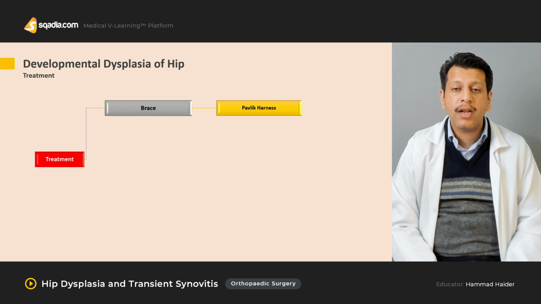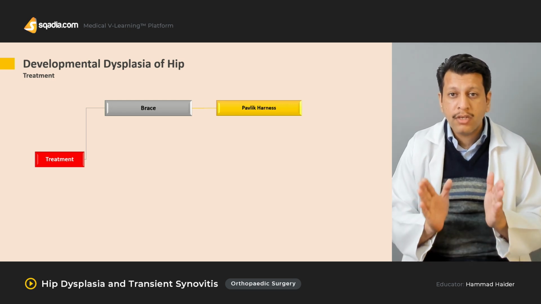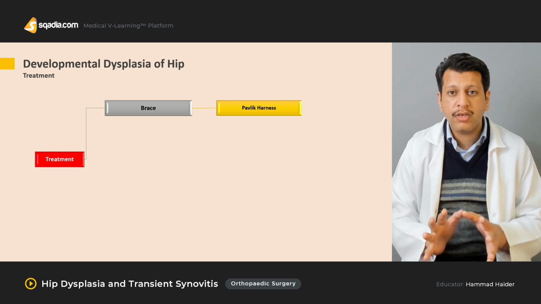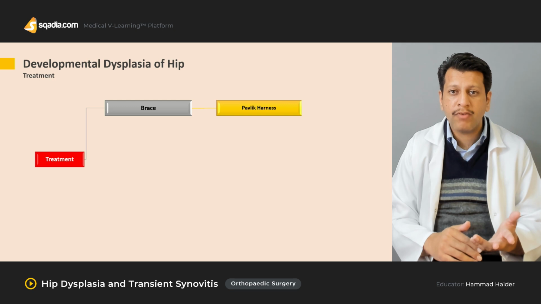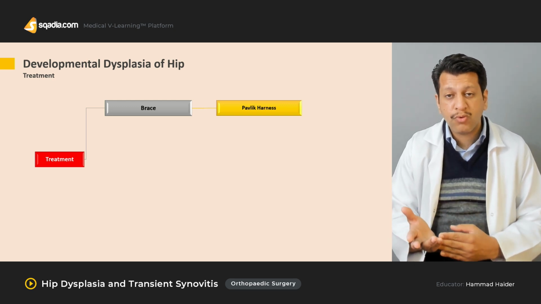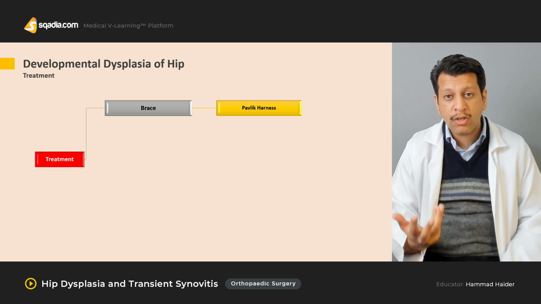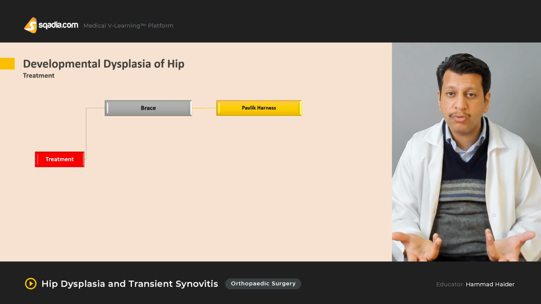The child can be given a Pavlik harness only if he or she is less than 6 months of age. So only infants can be given it. Otherwise, you do not give a Pavlik harness to patients more than 6 months of age. If there is a teratological hip dislocation, then you cannot give a Pavlik harness because that will not reduce it.